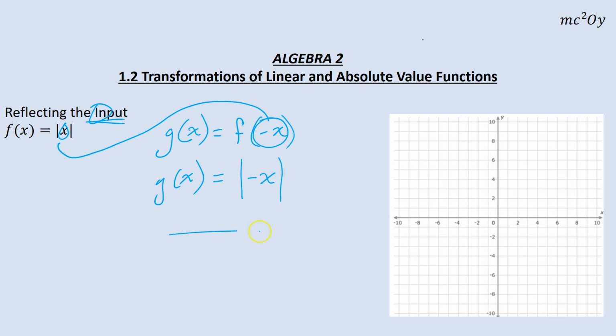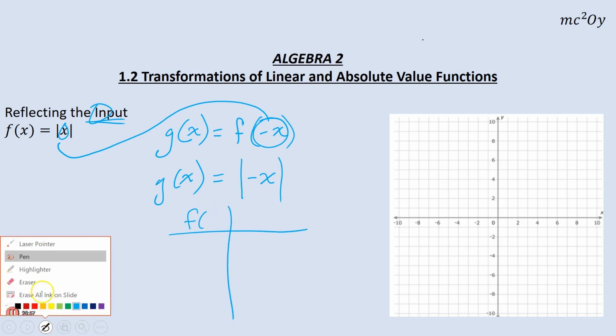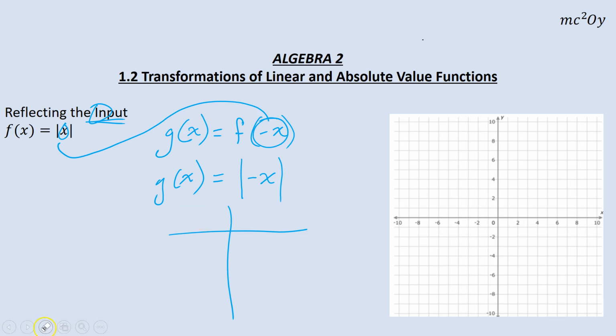If I create my table with my x and my g of x, I would end up with 0, 0. I put 1 in for x, I get 1 out. I put 2 in for x, I get 2 out. -1, 1, and -2, 2.